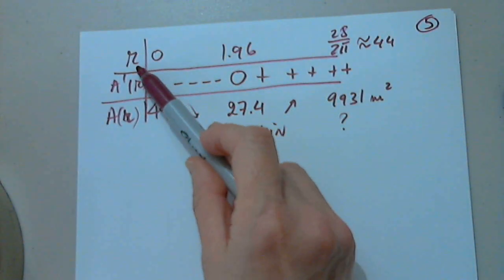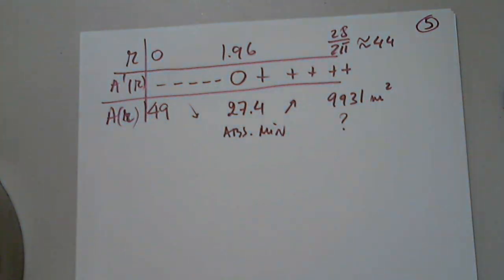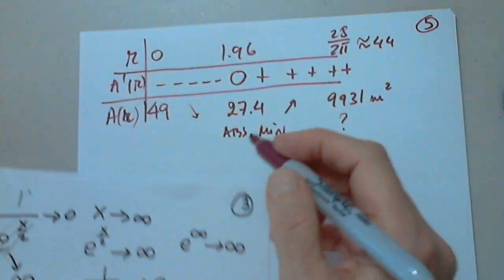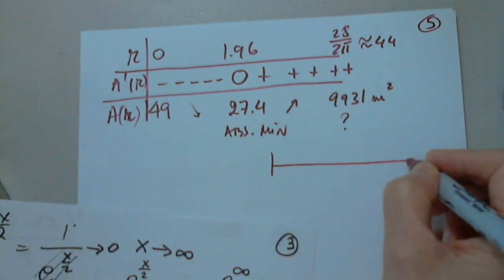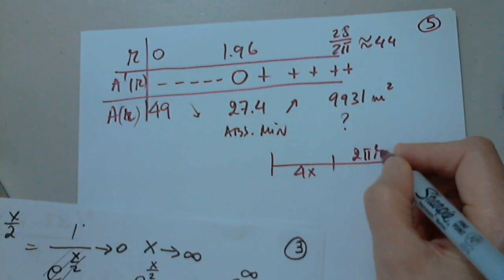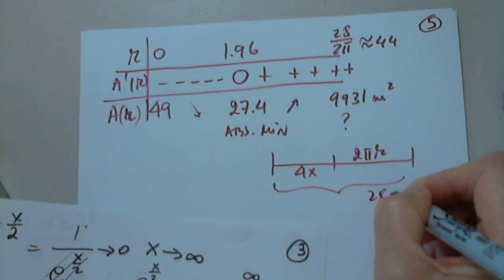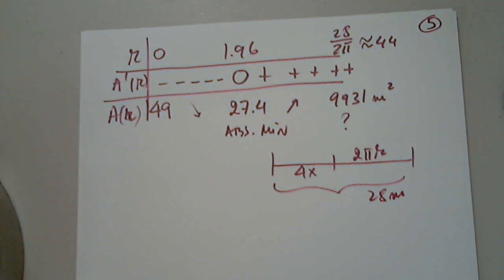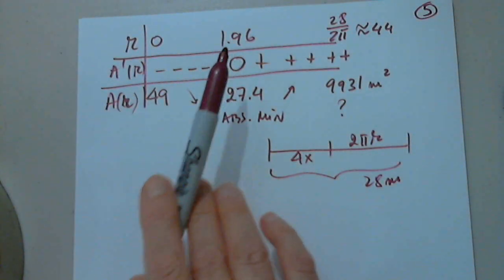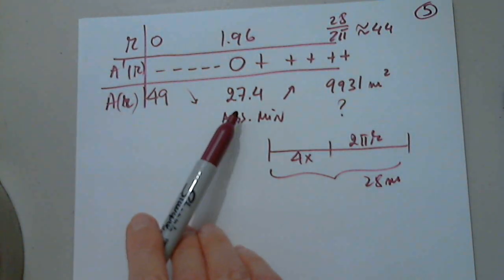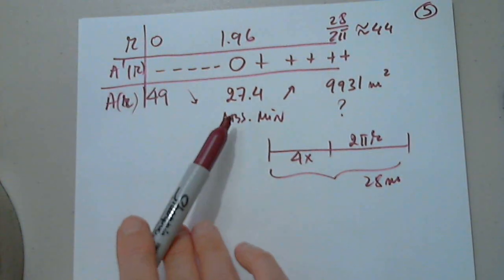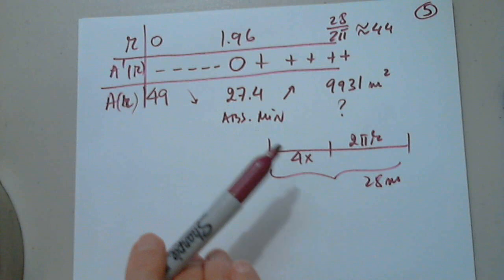So if the radius is 1.96, I know it's not asking us for the absolute, so let's think for a moment.